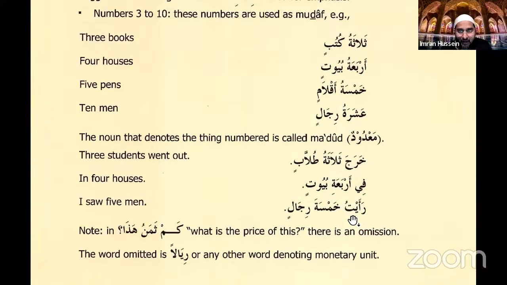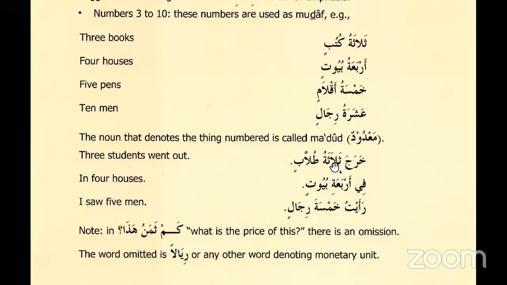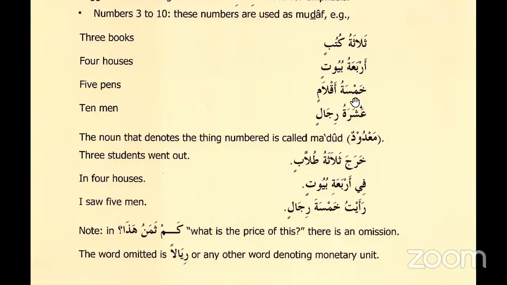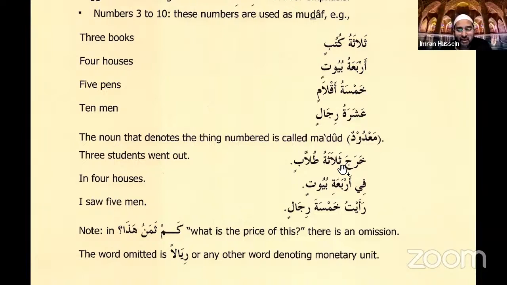Thank you for that. Now, when you're counting, you will see that ثلاثة كتب, أربعة بيوت, خمسة أقلام, عشرة رجال, the first numbers are coming with a dhamma. Now, the dhamma on the numbers can vary depending upon the position where the numbers are coming.